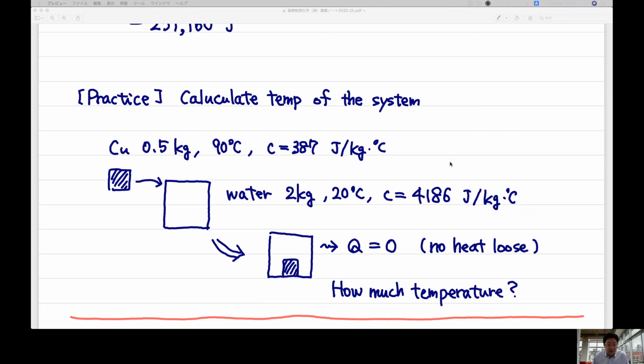So next week, I will discuss the answer of this practice and then move to some discussion about enthalpy, because internal energy is not an appropriate method to discuss the energy of the system. Maybe you can understand after the calculation of this practice. Let's call it a day, okay? And see you next week.